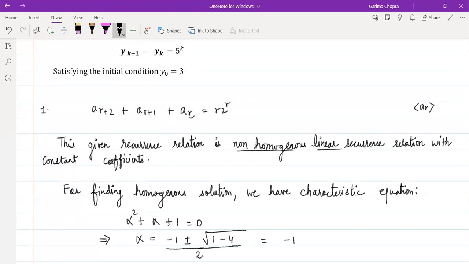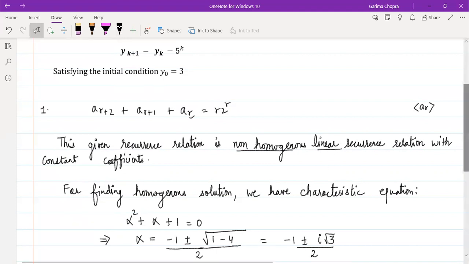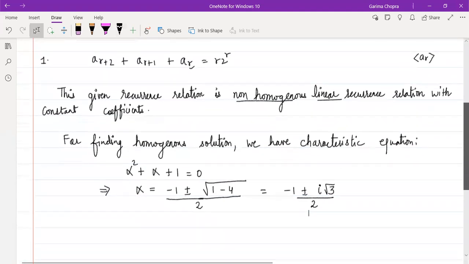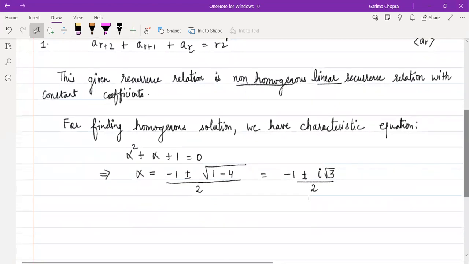So it will be minus 1 plus minus iota root 3 by 2. The roots we are getting are complex in nature.